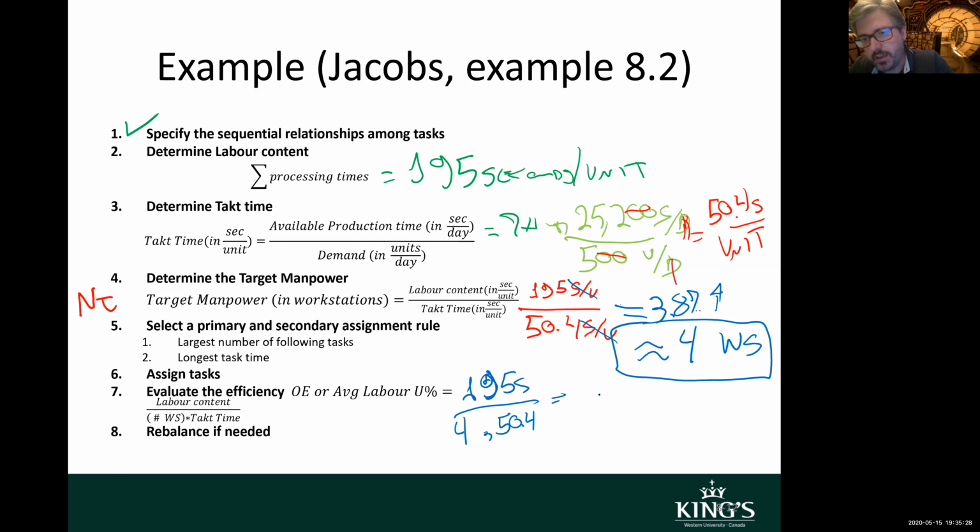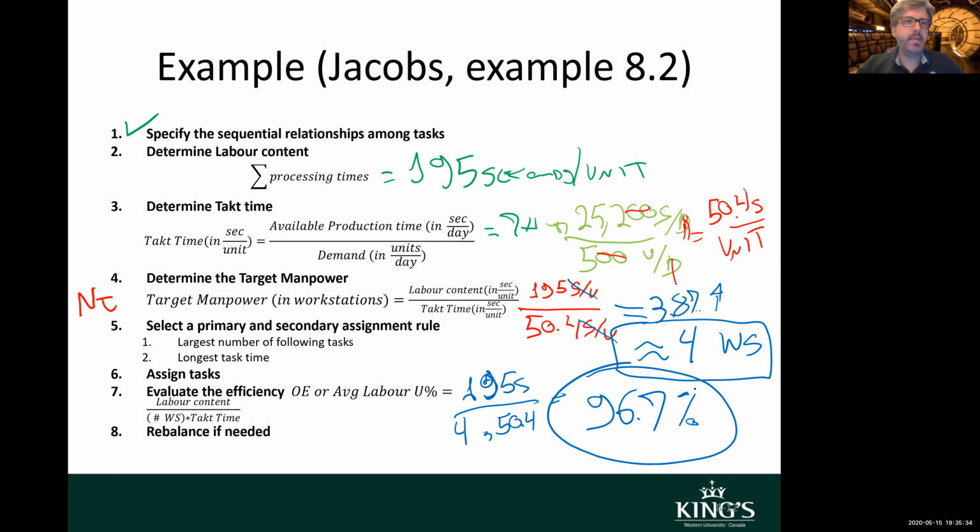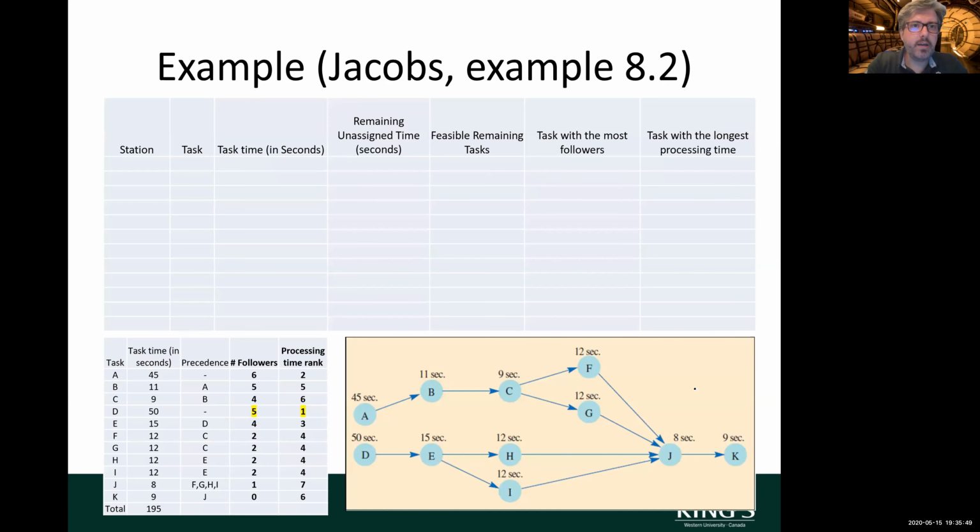So theoretically, I could be at 96.7% efficiency. Okay, that is what I'm aiming for. Let's see if we can be that efficient. Notice that we're not 100% efficient already, but we're pretty close. So let's see. Okay, so how do we move about doing this?